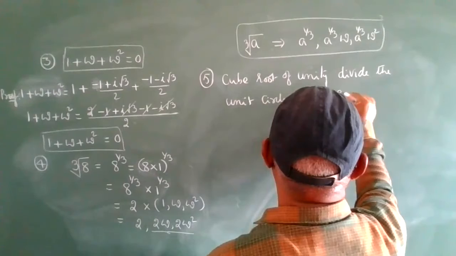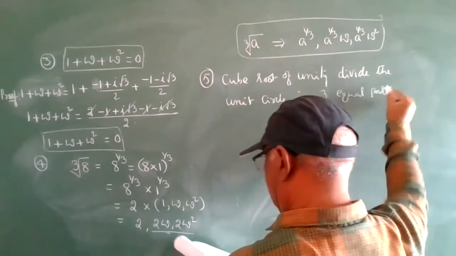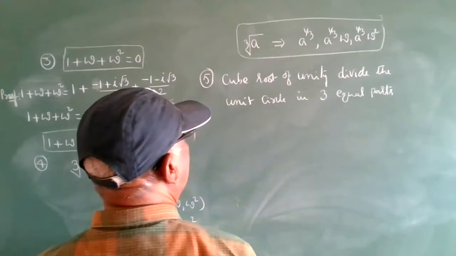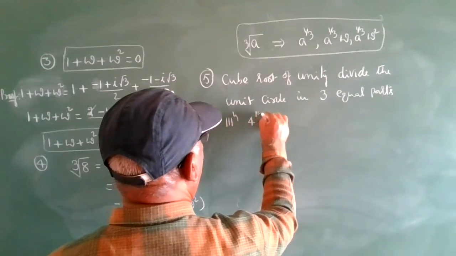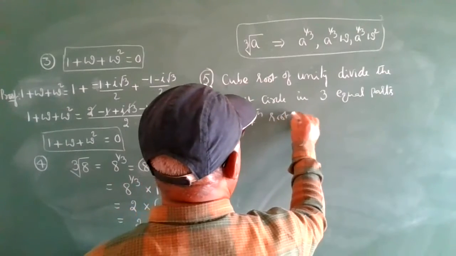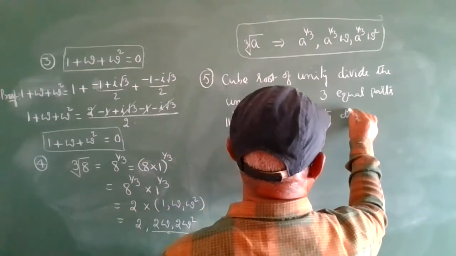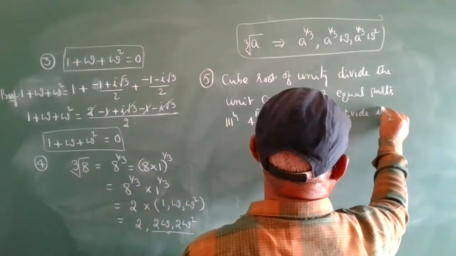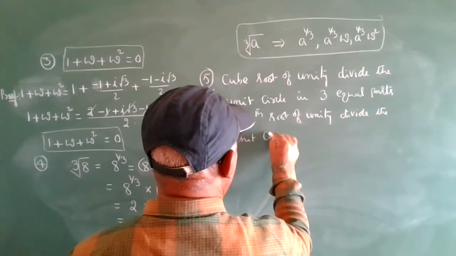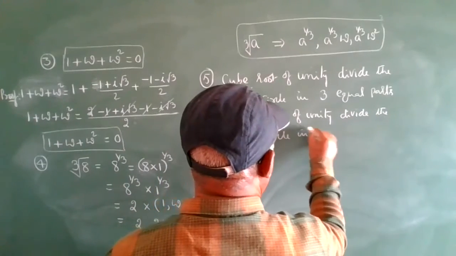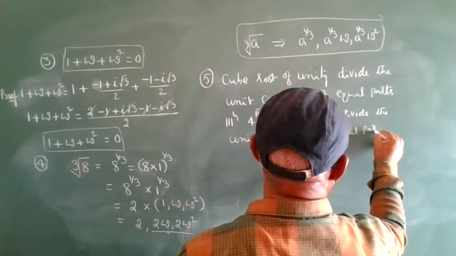Similarly, the fourth root of unity divides the unit circle in four equal parts.